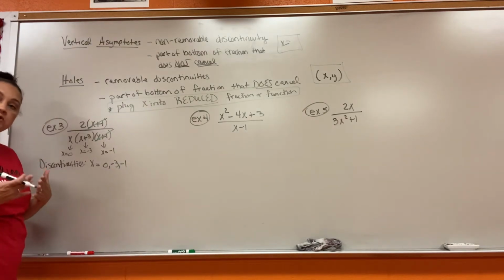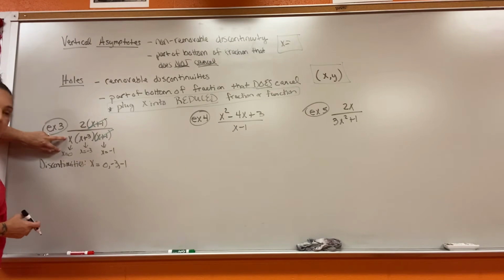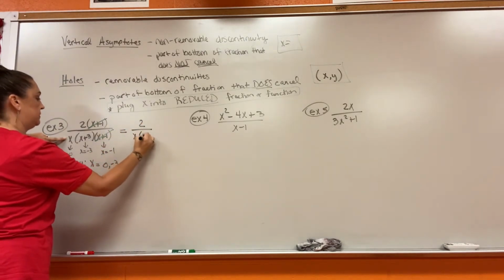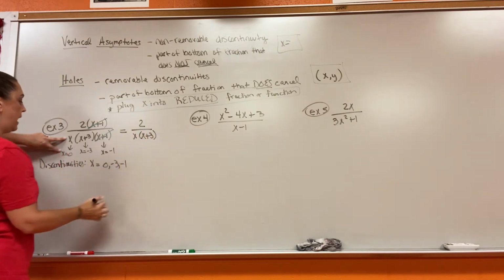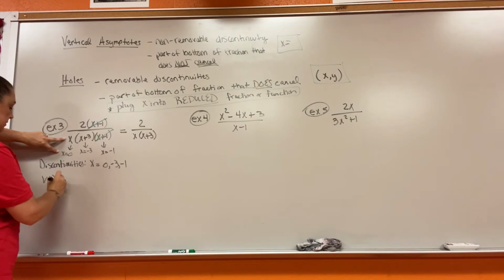I want you to get more specific. So let's look at this one. Did 0 go away? Were we able to cancel it? No. So that is non-removable. I can't remove it because this reduced to 2 over x times x plus 3. I could not remove the x. It's still there. So it's a vertical asymptote.